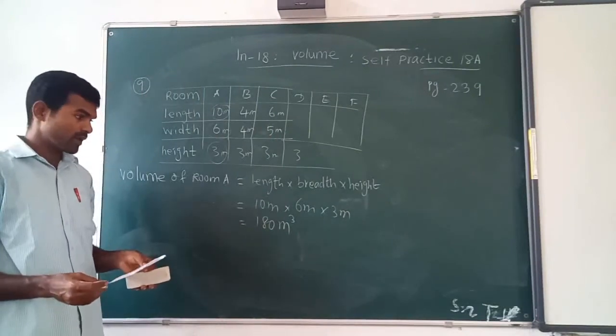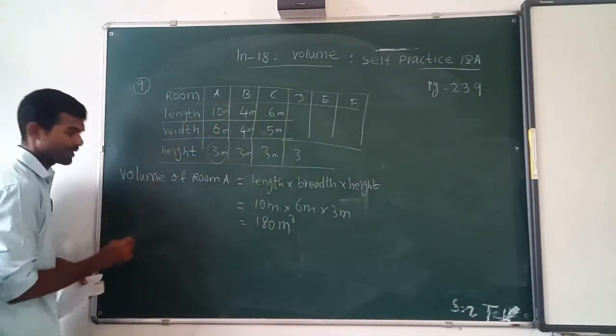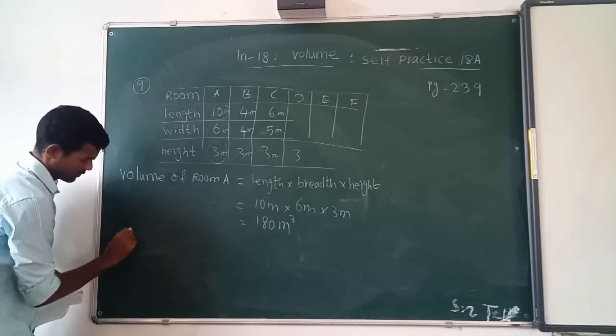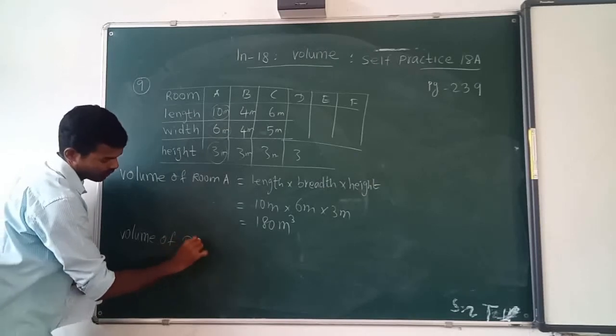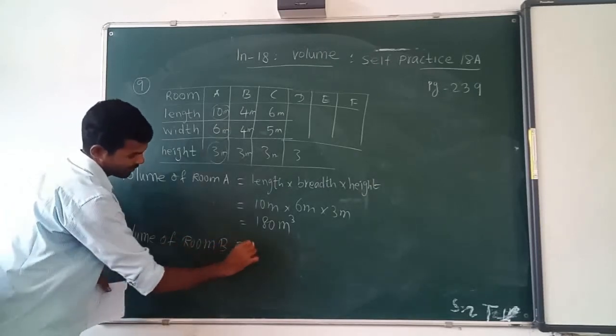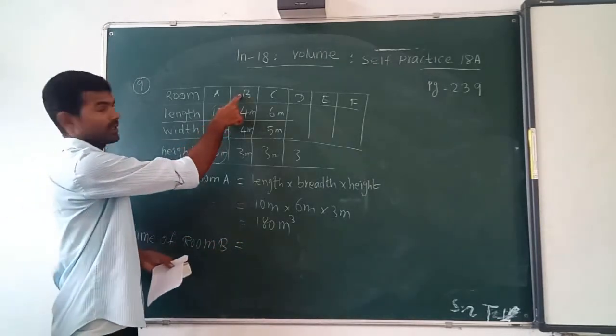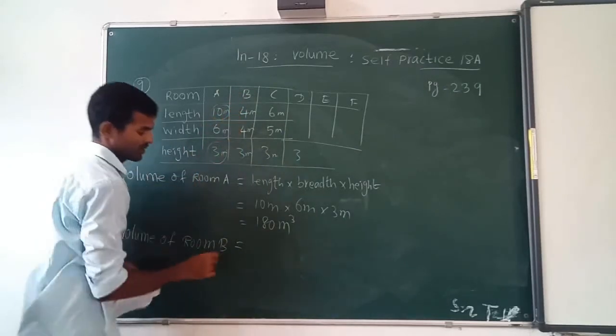Next, the volume of room B. What is the volume of room B? 4, 4, 3.